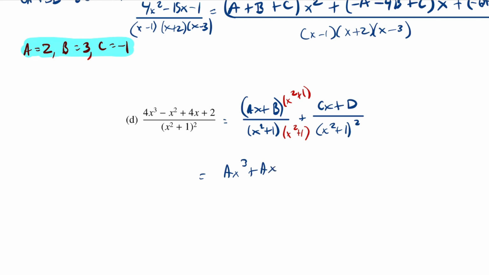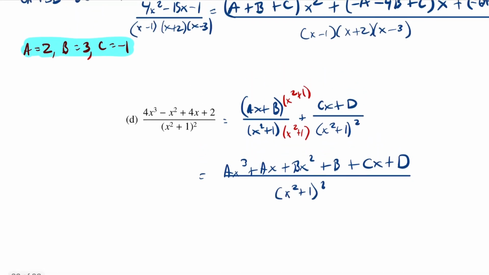Ax cubed should go first, bx squared should go second. Then the x terms, there's two of them: ax plus cx, I'm going to factor out the x. And there's a b plus d. All of that is over our LCD. And we bring the left side all the way down.